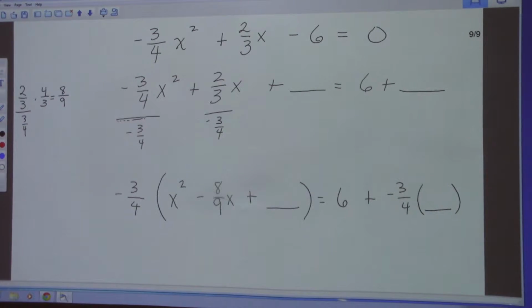B divided by 2 and square it. And I've shown you how to do a fraction. Write everything out.